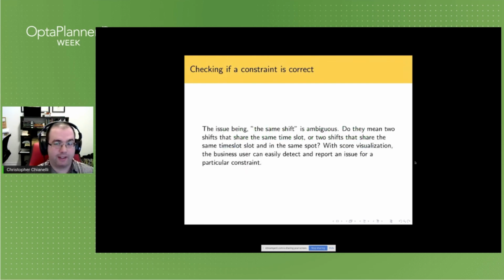What do I mean by the same shift? Do you mean two shifts share the same time slot, or that two shifts share the same time slot and the same spot? The key takeaway here is you must have constant communication between the business user and yourself, to keep getting updates and making sure that the constraints you're implementing are what they actually wanted.